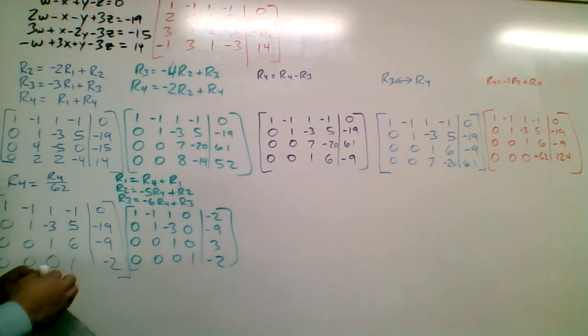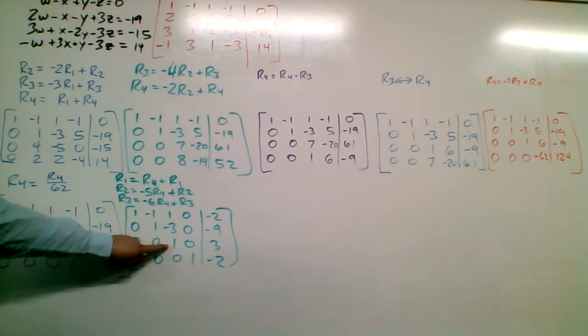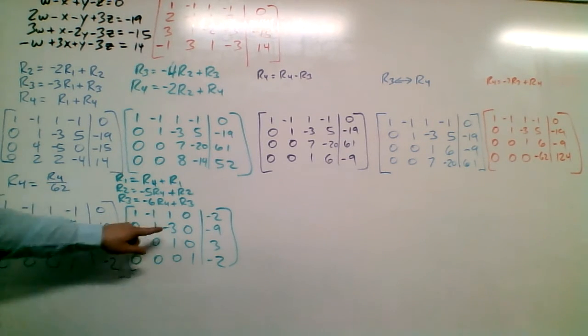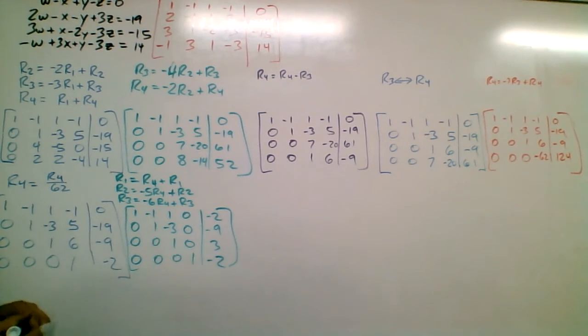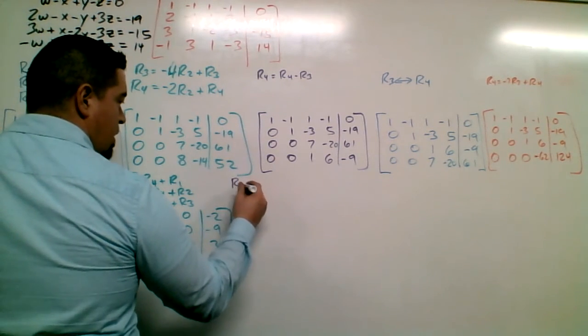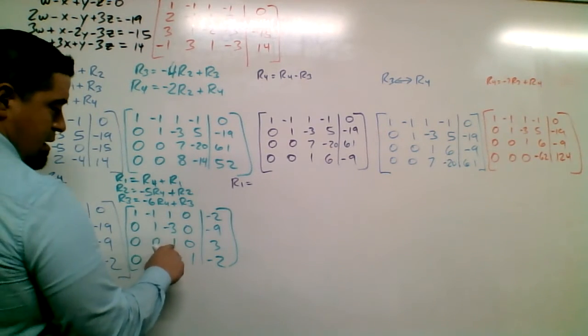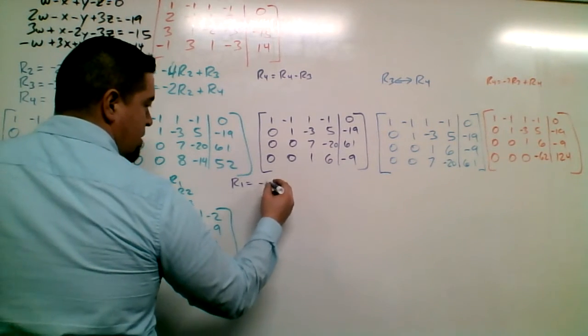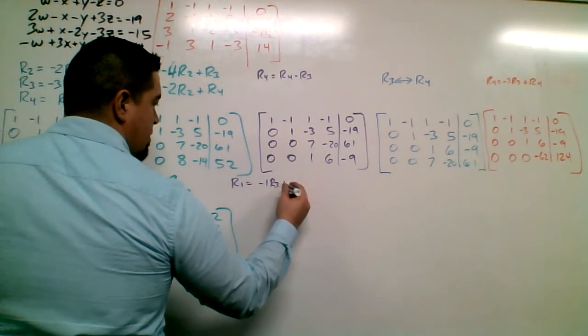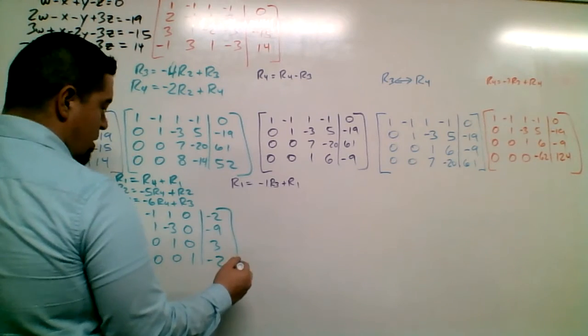Okay, so now that we've completed that row operation, I want to use that one now to do a similar thing, clear out these and create zeros on top. So I'm going to replace row 1 with -1 times row 3 plus row 1, because -1 times 1 is -1 plus 1 will give me the 0 I want.